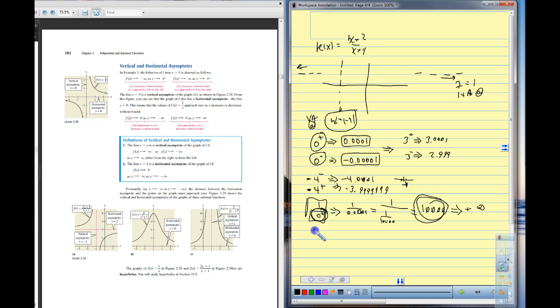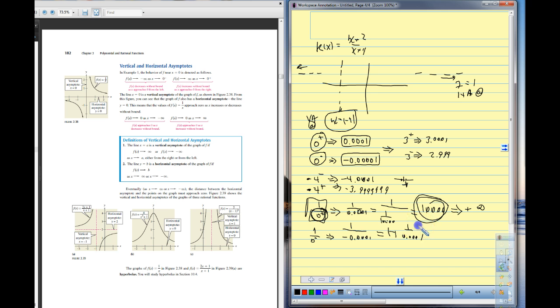Now let's examine what 1 over 0 minus is. Okay, now we're going to look at it this way. 1 over 0 minus would be like 1 over -0.0001. And what we could do is write this as the opposite of 1 over 0.0001.